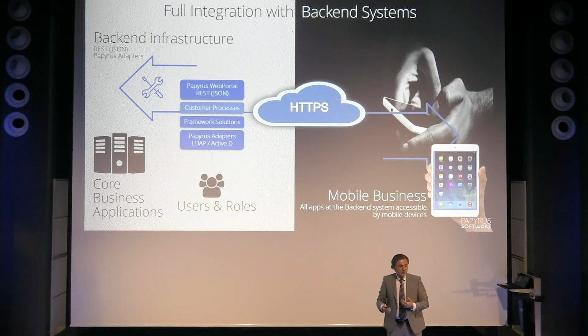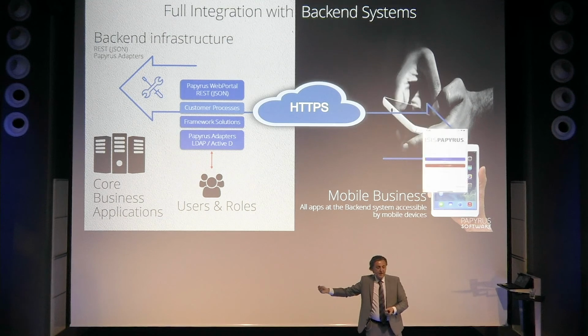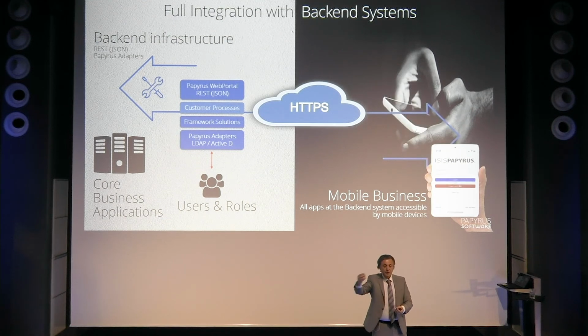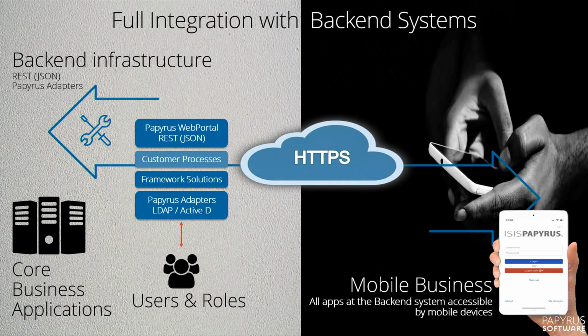What happens is that as soon as the mobile app starts, it asks for the login. The user and password might be in sync with your LDAP Active Directory environment if you need, right? Based on these rights, we will deliver the apps that are allowed for this person with this role. Some of these apps might get the data from your core business application.